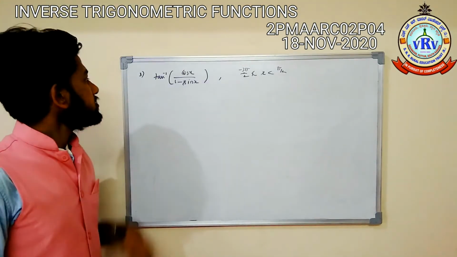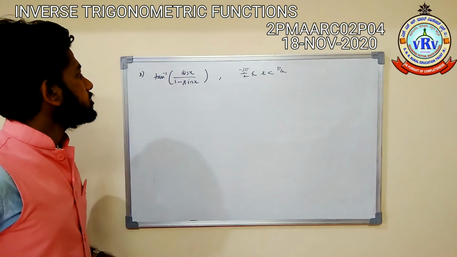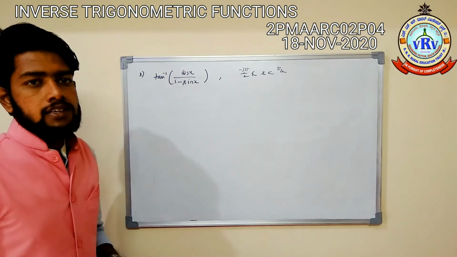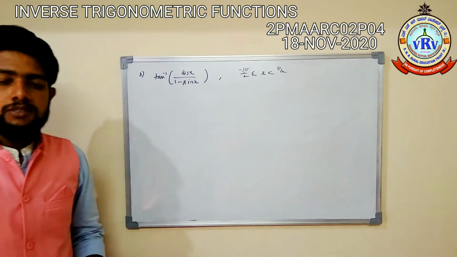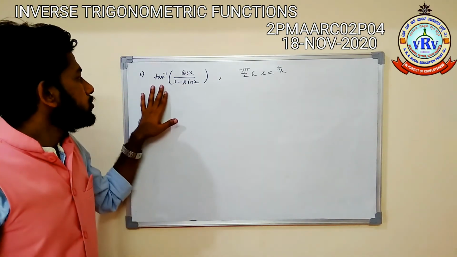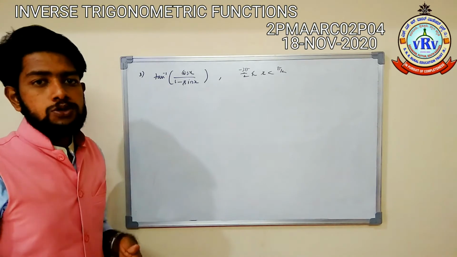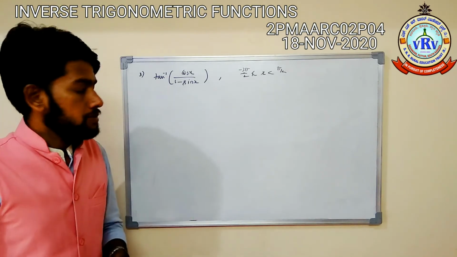The next problem is tan inverse of cos x divided by 1 minus sin x. We have to express this expression in the simple form. The simple form means we have to remove as much as possible the inverse function in that expression.